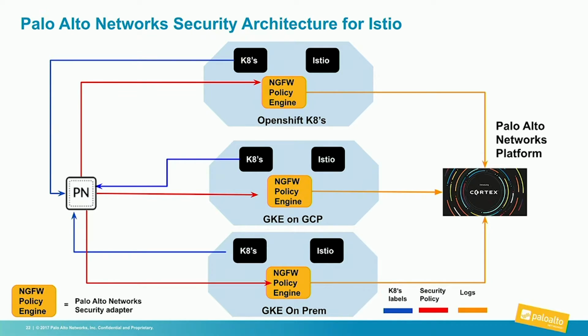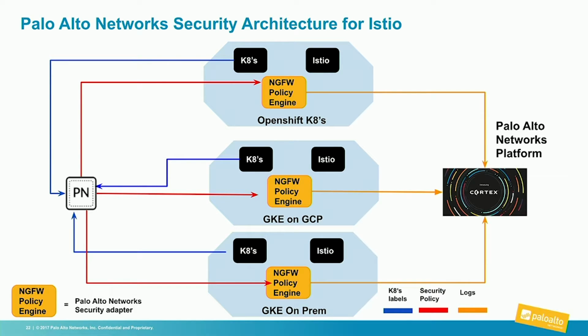For example, you can have an OpenShift Kubernetes cluster running on-prem, and OpenShift uses Istio for its policy enforcement and traffic management capabilities. We can obviously run on GKE, the managed Kubernetes provided by Google on your GCP cloud. And last but not least, we can also seamlessly run this kind of posture using GKE running on your on-premise environments.